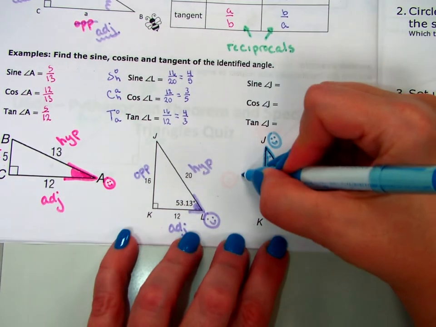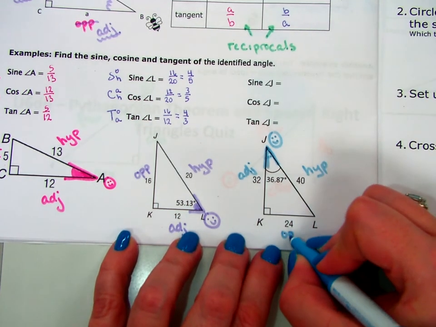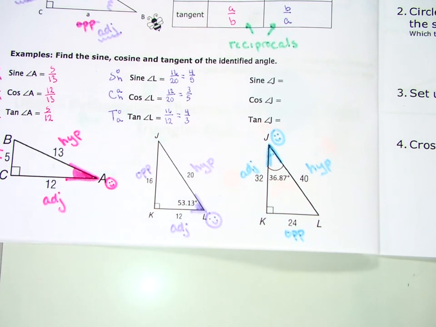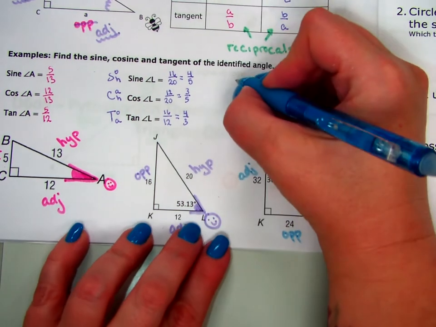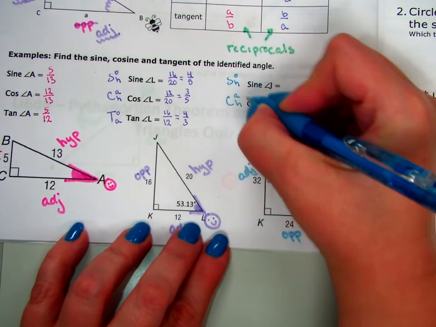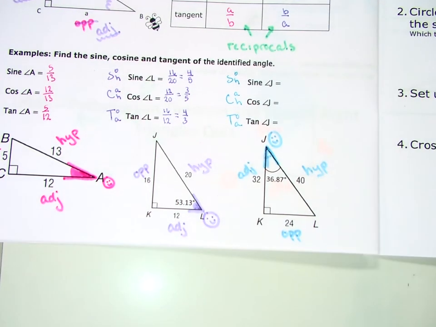Out of the two sides coming out of my smiley face, which one's adjacent? 32. Which means the side I'm yelling at on the opposite side is 24. Okay? So, SOH, CAH, TOA.